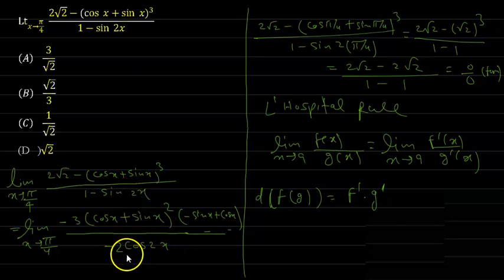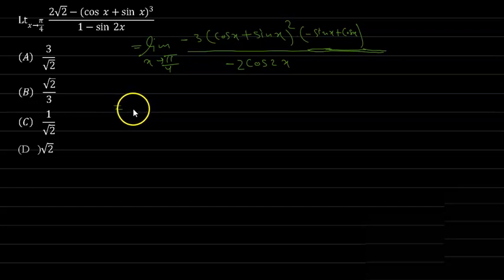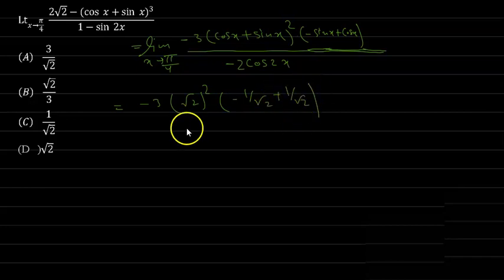So write 2 outside. Now again put x equal to pi by 4 in the numerator and denominator, then we will get, this is minus cos pi by 4, 1 by root 2, and sin pi by 4 is also 1 by root 2, that is 2 by root 2, that is root 2 square, and it is minus 1 by root 2 plus 1 by root 2, divided by minus 2 cos 2 pi by 4, that is cos pi by 2.